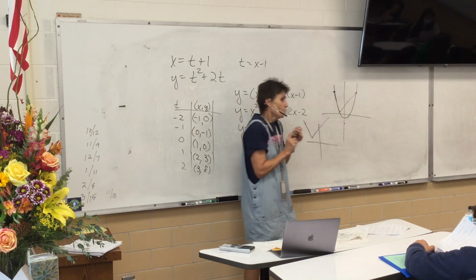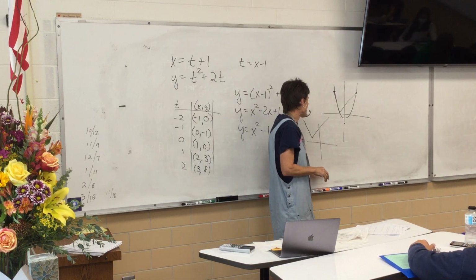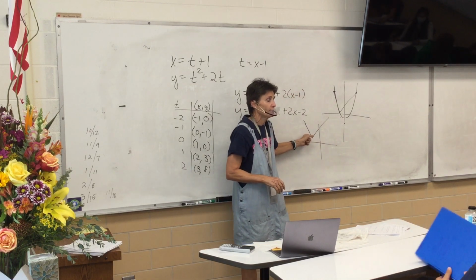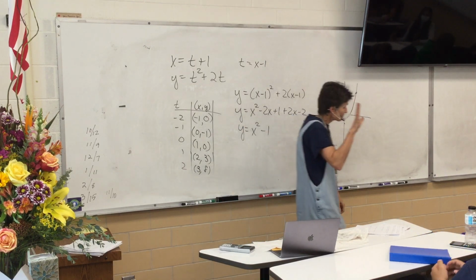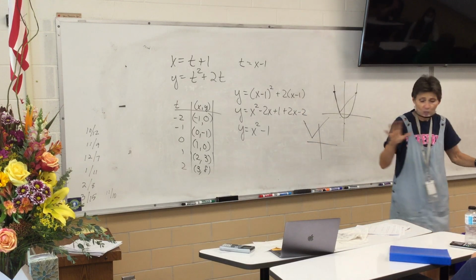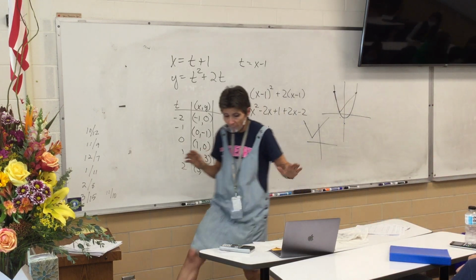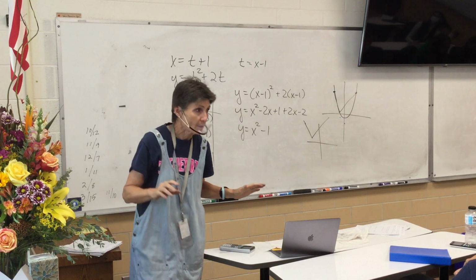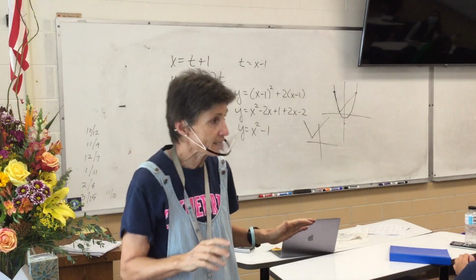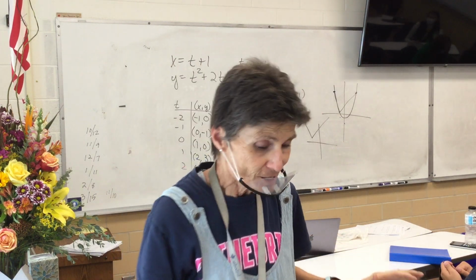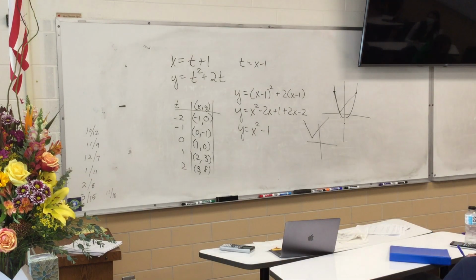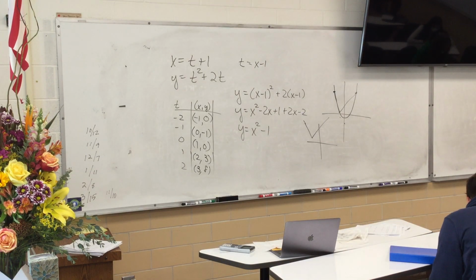When you get a jaggedy picture, fix your steps. All right, one more quick comment. Remember, your calculator is now set in parametric mode. So when you try to graph something normally, it's not going to work. You need to change it back to function mode. Okay? All right, we'll continue this discussion next time.